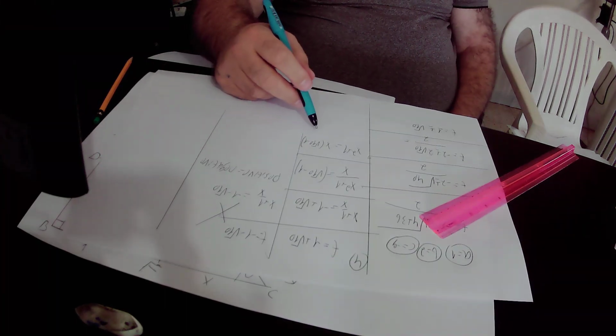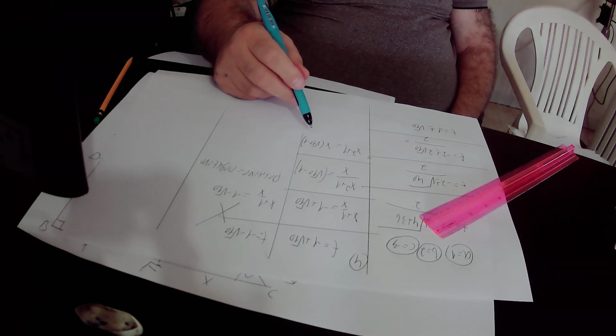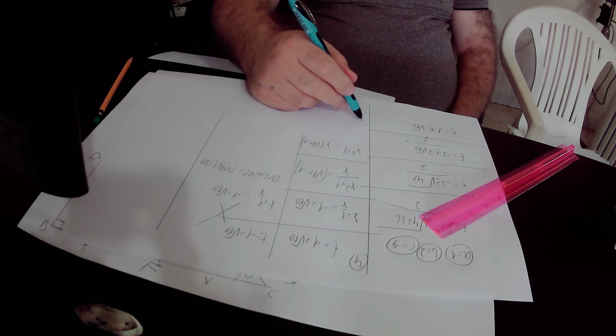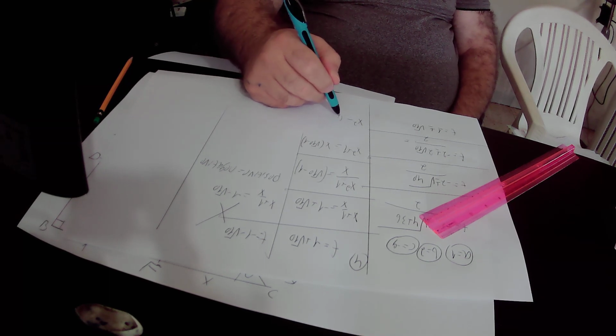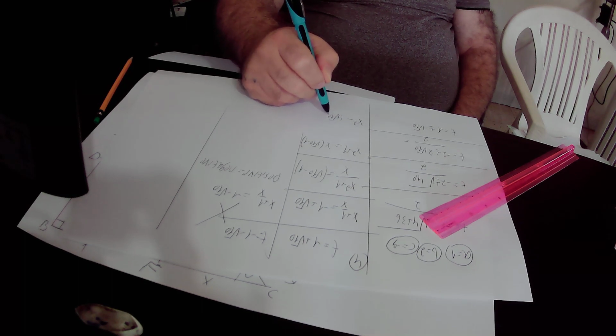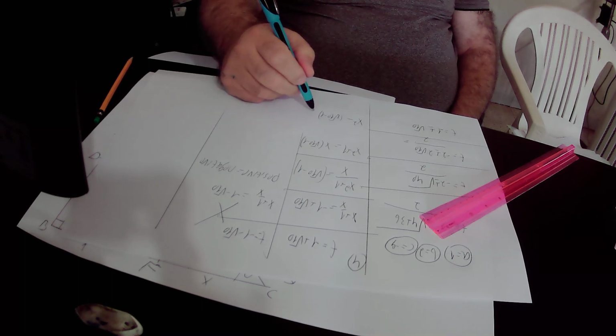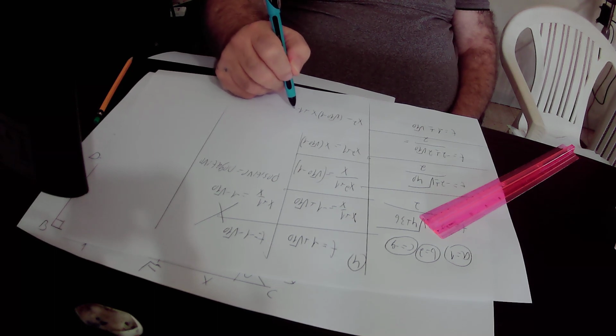Here we will subtract from this equation x times square root of 10 minus 1, and we will get a quadratic equation that states that x squared minus square root of 10 minus 1 times x plus 1 equals 0.